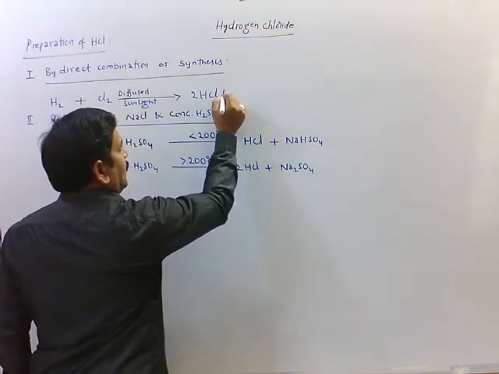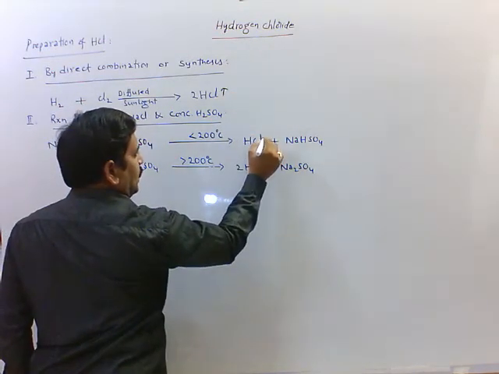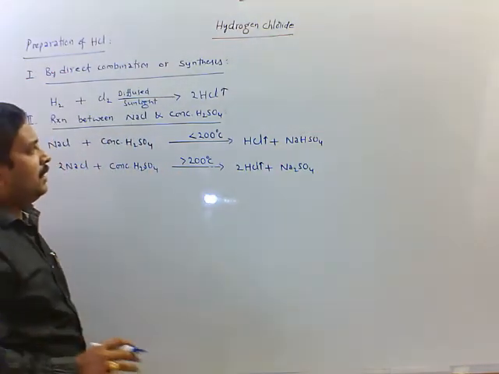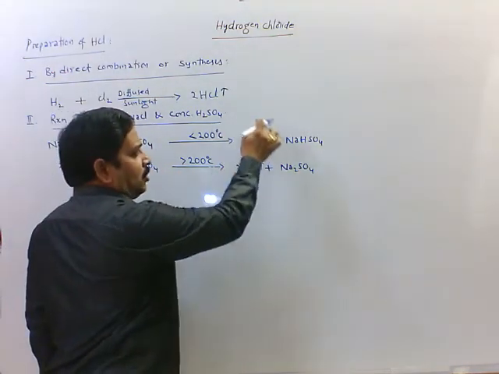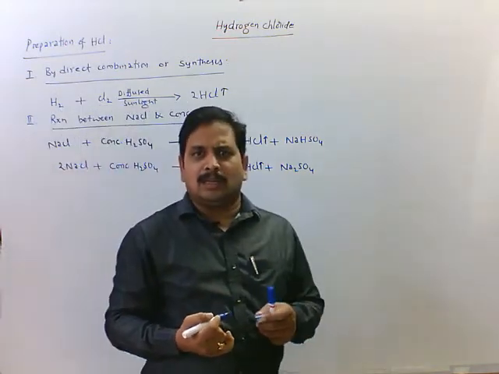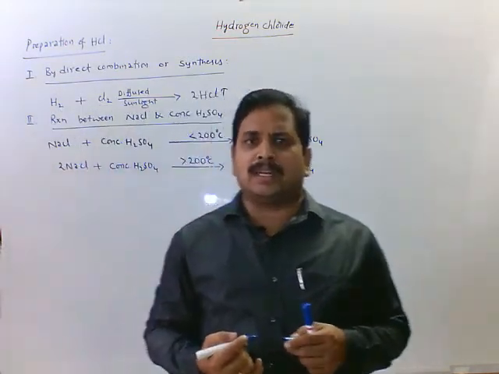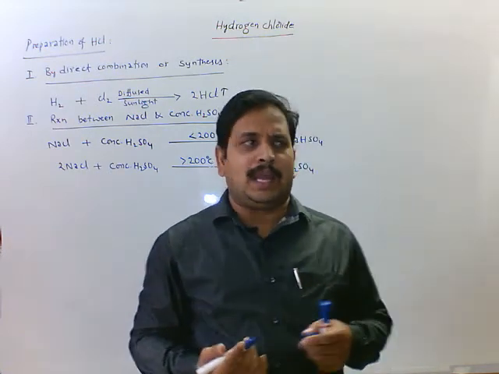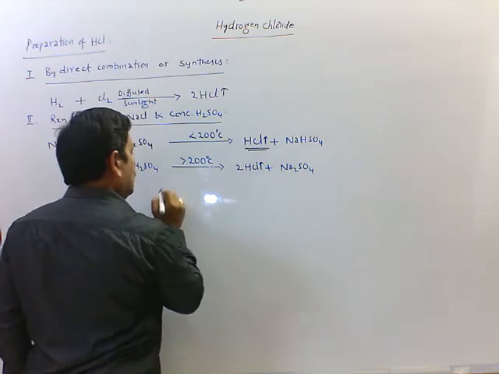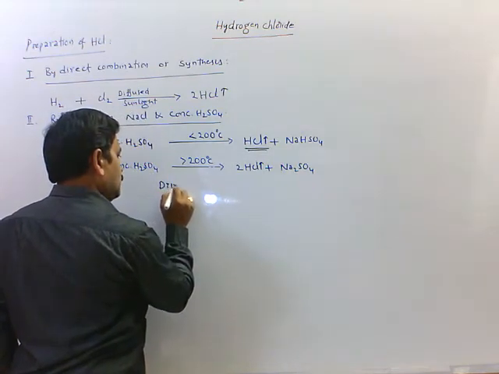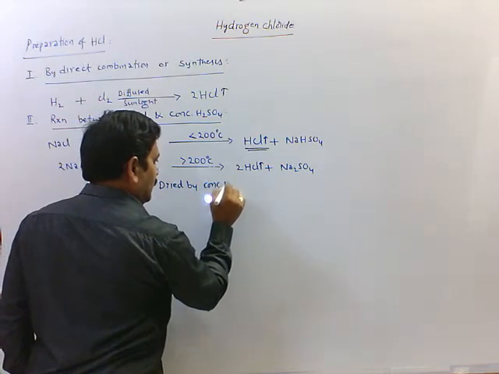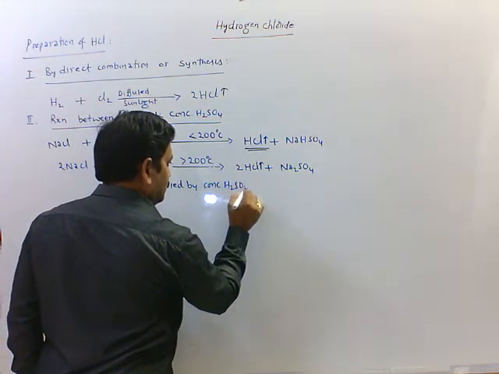Here the products are gases. Along with this hydrogen chloride gas, some moisture also comes out. That is dried with concentrated sulfuric acid. So the formed HCl is dried by using concentrated sulfuric acid.